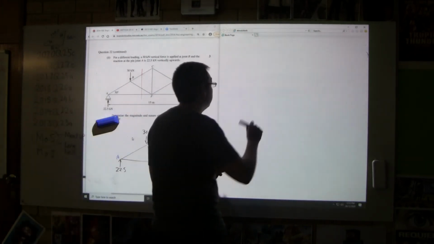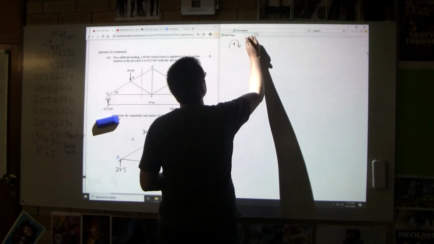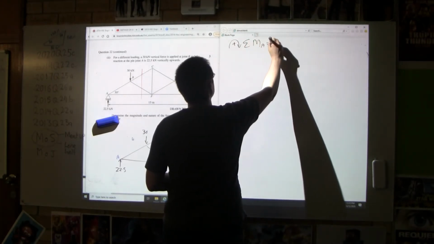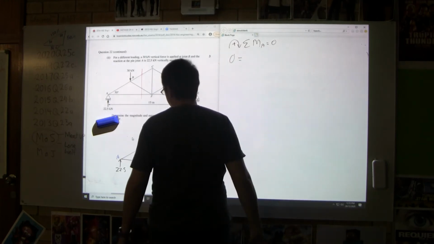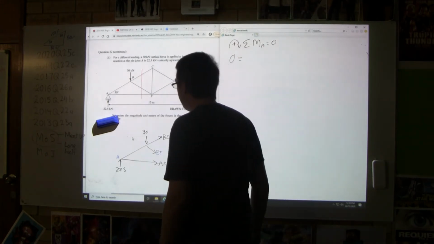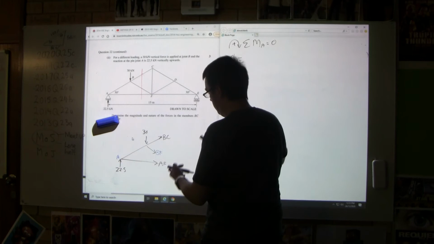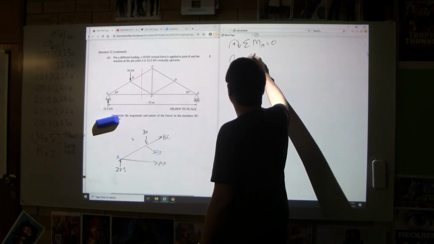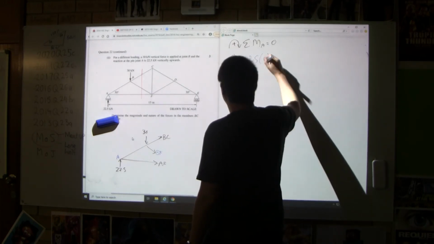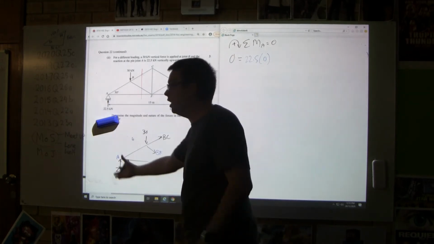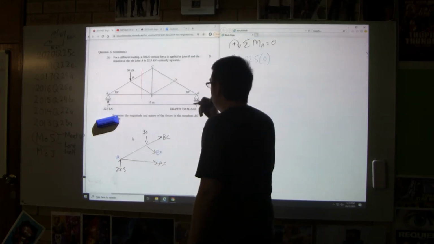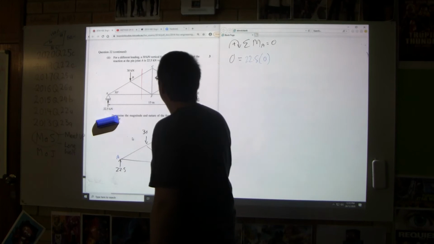So right up at the top here again, we're going to write sum of the moments about A equals 0. First of all, we have 22.5 brackets 0, because it touches A, so it's going to be 0 distance. The next one is the 30.